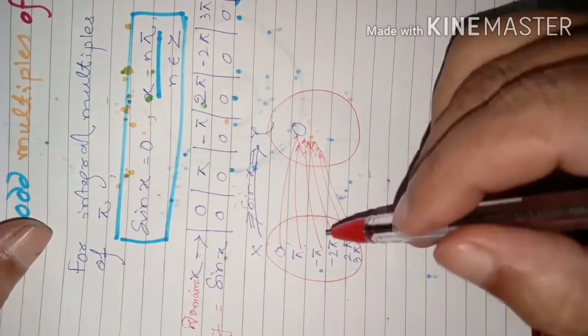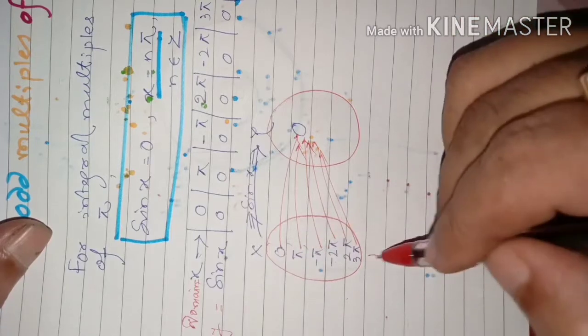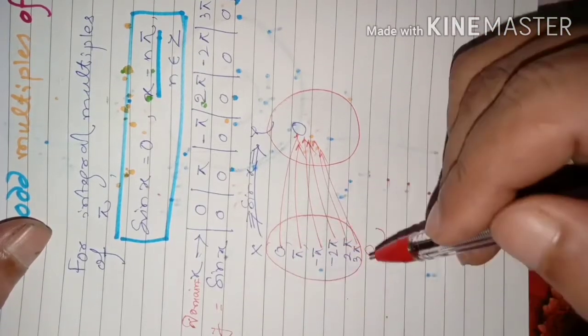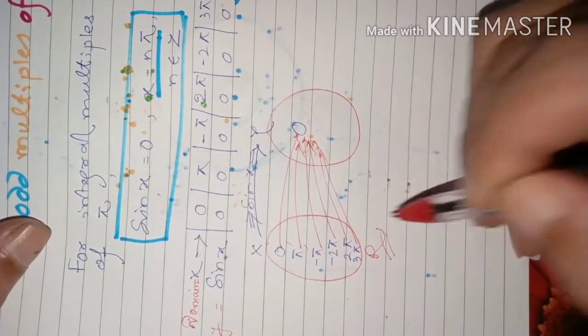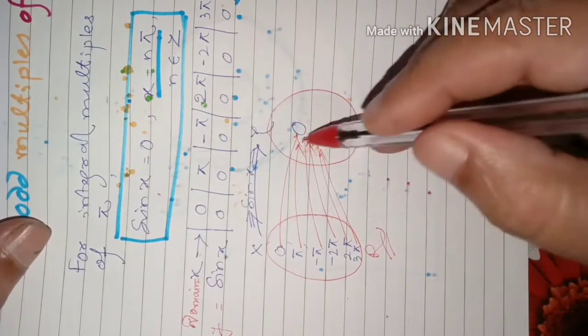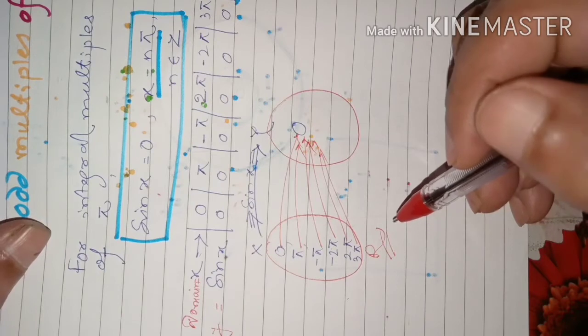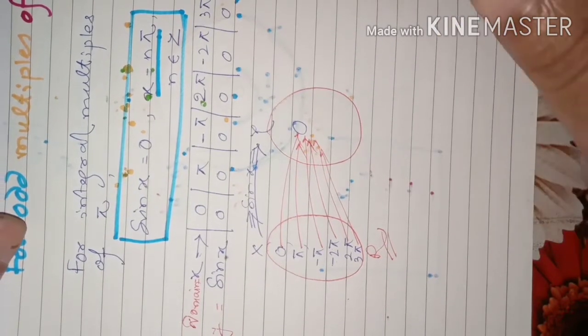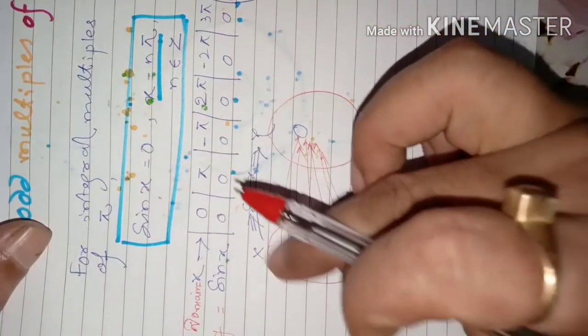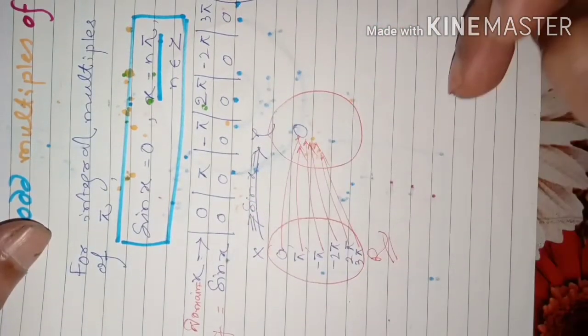So this is a function from the set of real numbers, a subset of real numbers, to this real number 0. For pi only we are saying. So this is the sine function, with this part as a domain.